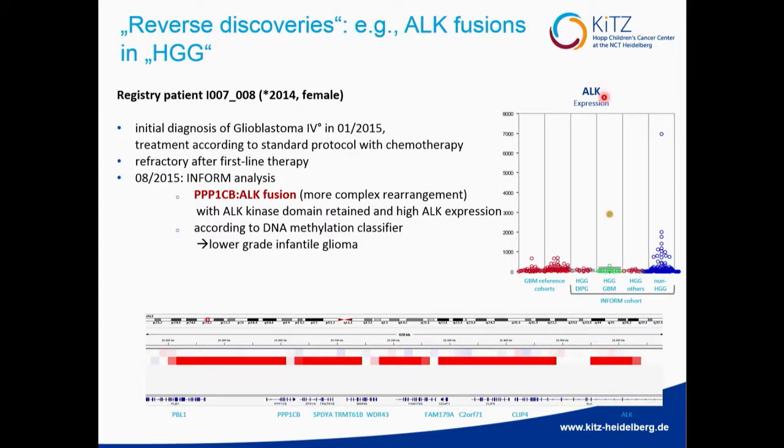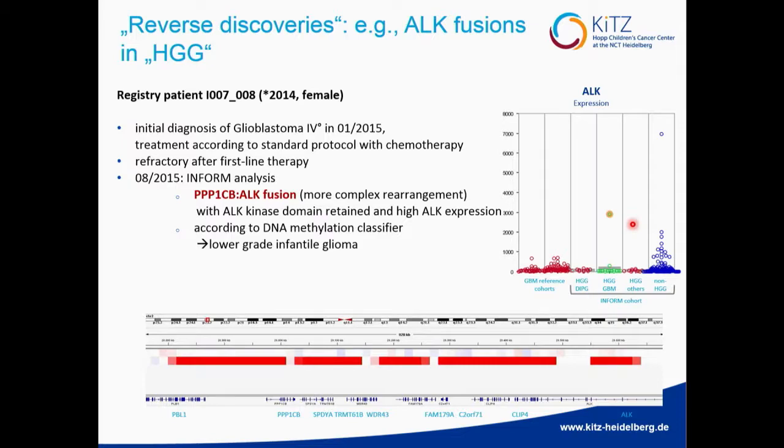This was a case of a pediatric or infantile glioblastoma diagnosed through our large-scale profiling that we do at relapse. Actually, this case turned out to have an ALK fusion and was the case within the high-grade gliomas with by far the highest ALK expression. We were really puzzled because we thought, well, ALK fusions in gliomas, we have never heard about that before.